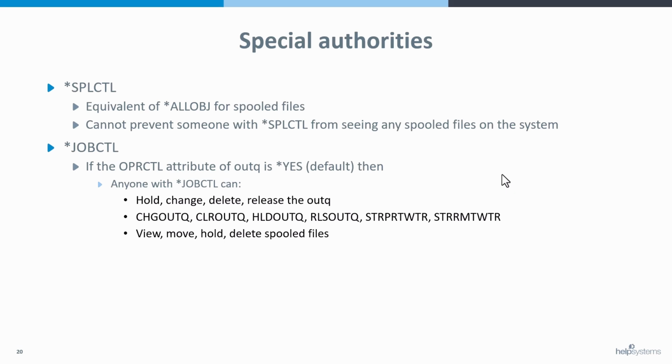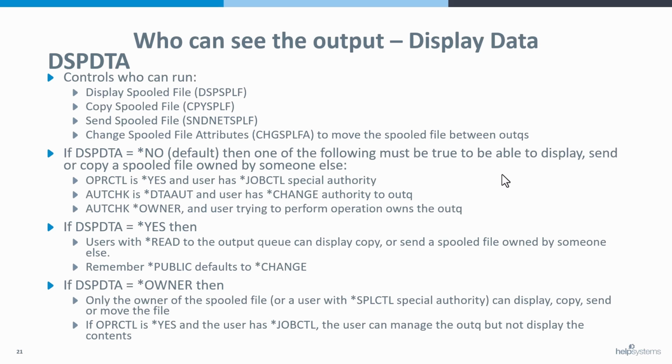So let's look at some of these other flags on the outqueues. So display data. This says who can see the output on the outqueue. It can control who has access to display the spooled files, copy them, send them, change their attributes.